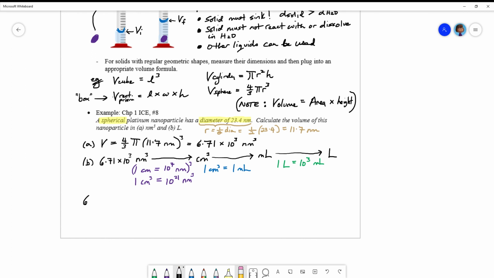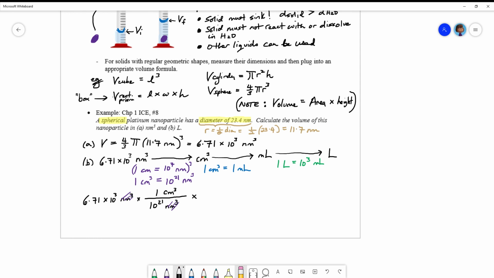So here we go, 6.71 times 10 to the 3 cubic nanometers times, well, let's start with our first relationship. We want to get rid of the cubic nanometers, so we're going to put 10 to the 21 cubic nanometers in the denominator, 1 cubic centimeter in the numerator. What happens? Goodbye, cubic nanometers.